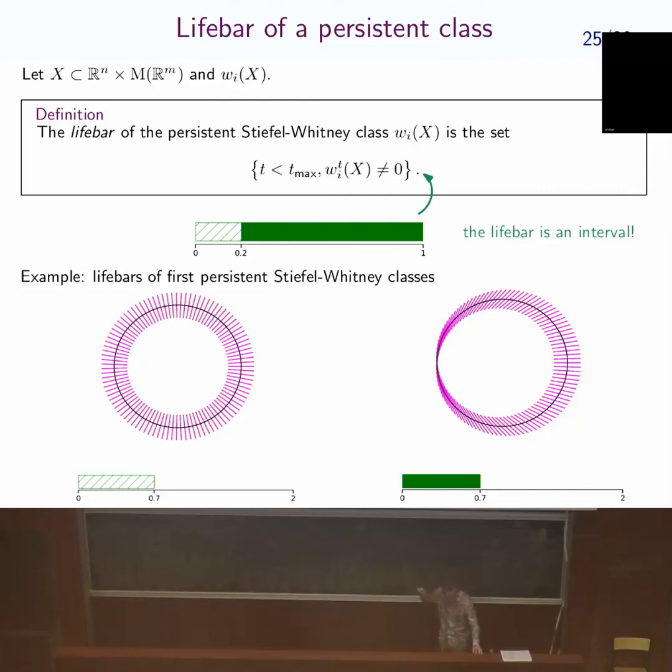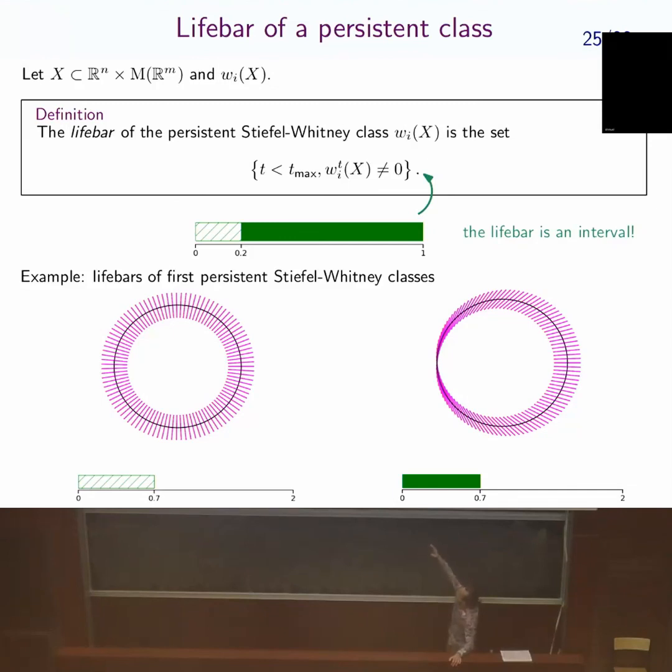So I propose a summary of the persistent Stiefel-Whitney class that I call the live bar. If you consider any persistent Stiefel-Whitney class, define the set of values of T such that it is non-zero. This is the live bar of it.